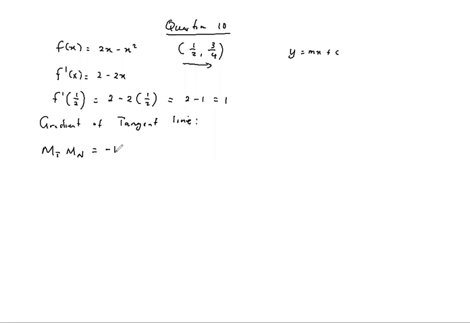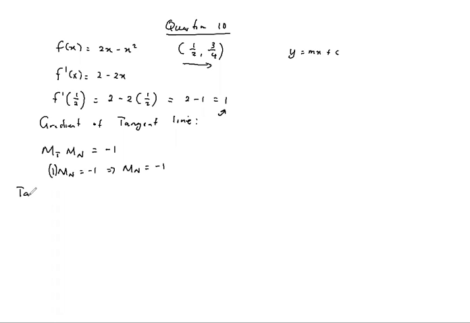Now the gradient of the tangent we have found is 1. So what will be the gradient of the normal? It's going to be negative 1, because you're dividing by that 1. So now we can start finding the equations.